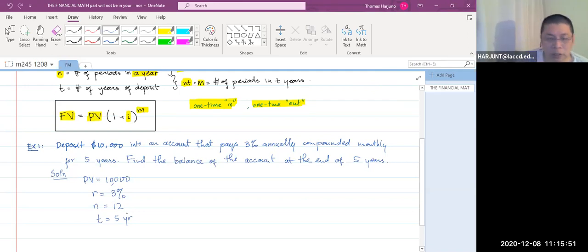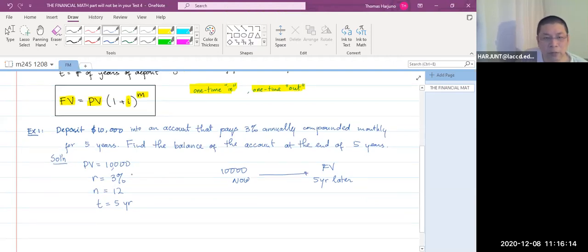So if you deposit $10,000 right now, how much will that be 5 years later? Now 5 years later, we call that future value. Now we need to do the setup first. First, I need to find the periodical interest.